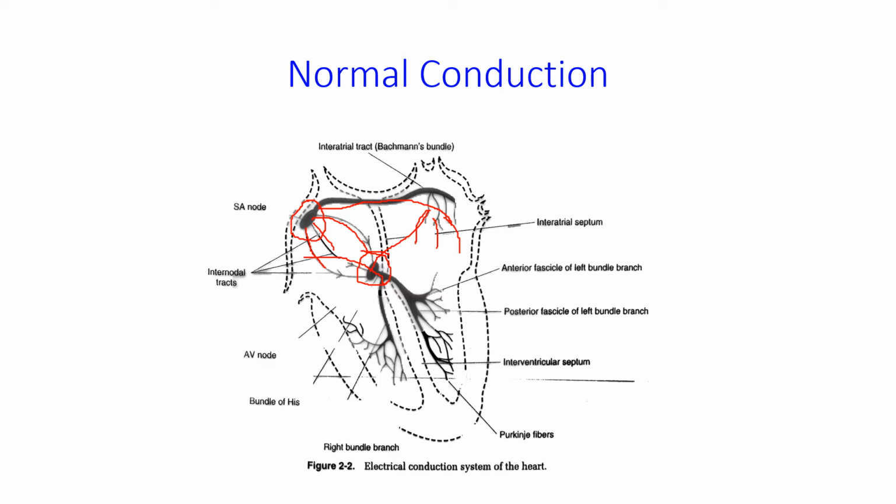These Purkinje fibers also can take over as pacemaker cells. So your SA node is your primary pacemaker, and it fires at a rate of 60 to 100. Your AV node, or we call it the junction: if your SA node fails, within your AV node, the junction, there are a group of cells that can also take over as a backup or secondary pacemaker.